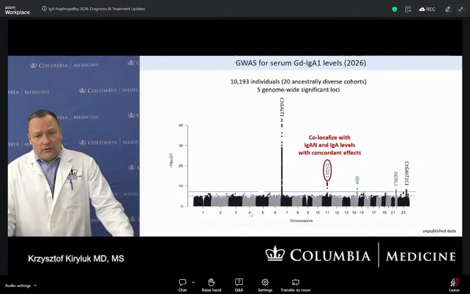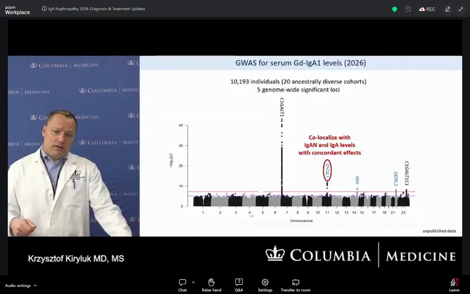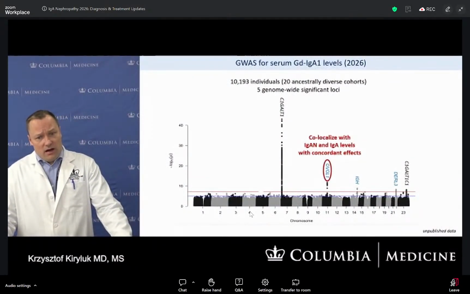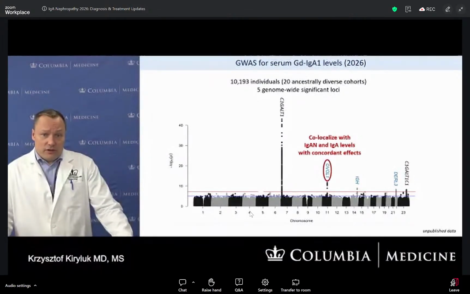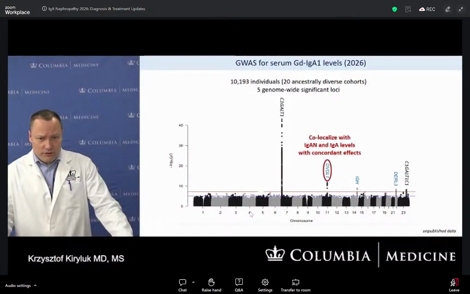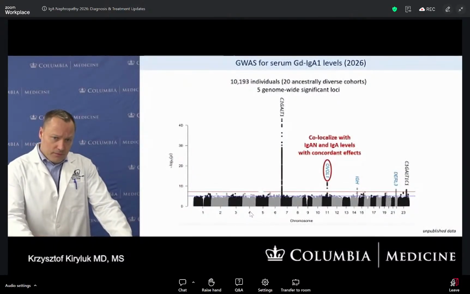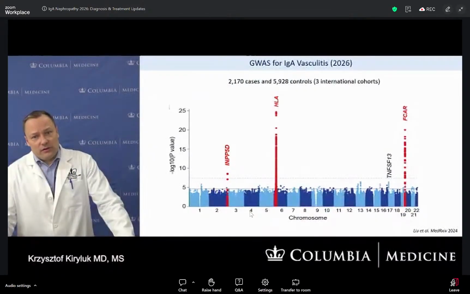So the risk allele for IgA nephropathy is associated with higher levels of IgA and higher levels of galactose-deficient IgA1, suggesting that this phenotype is actually very relevant to IgA nephropathy, also providing some genetic support for the causal role of this phenotype.